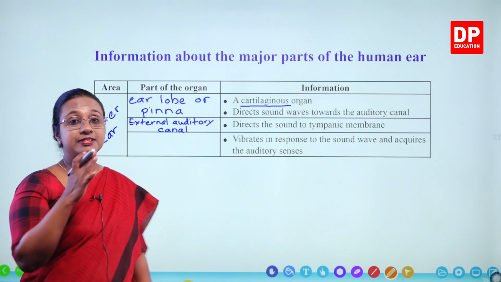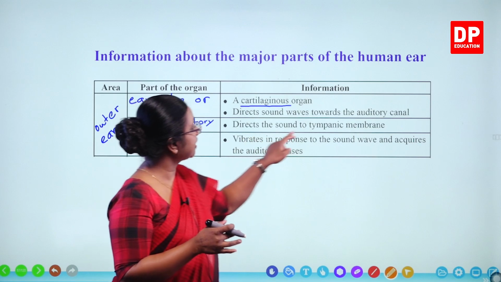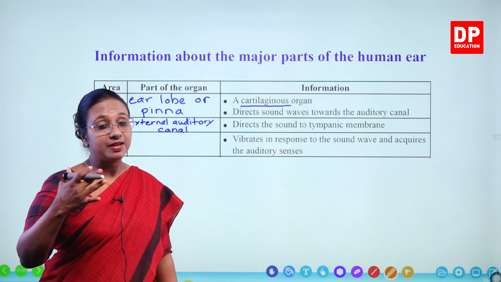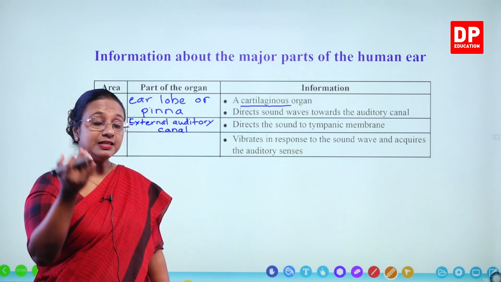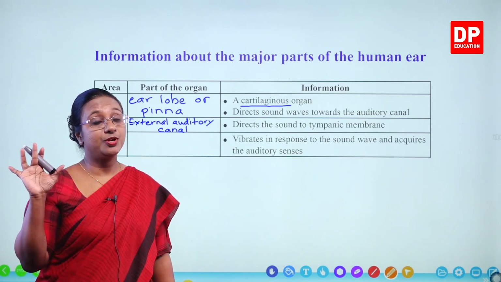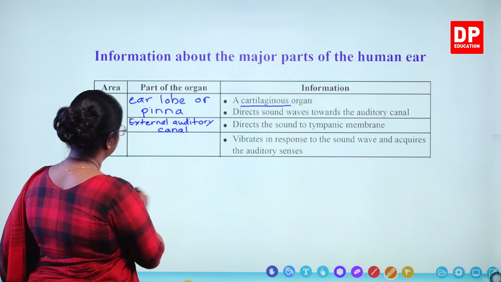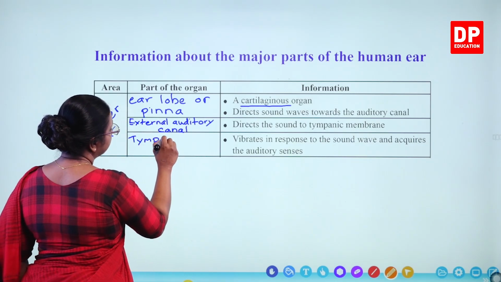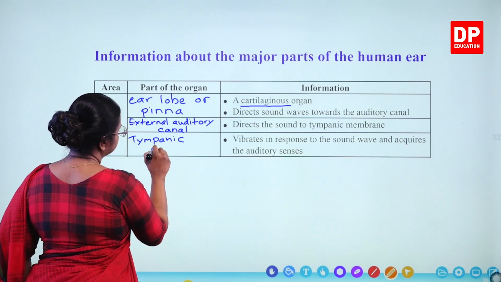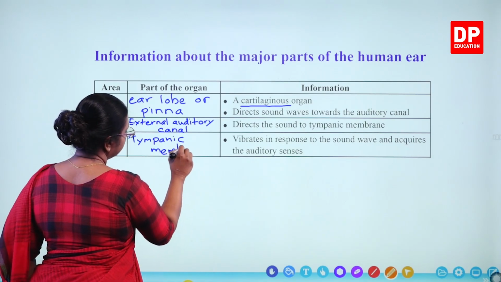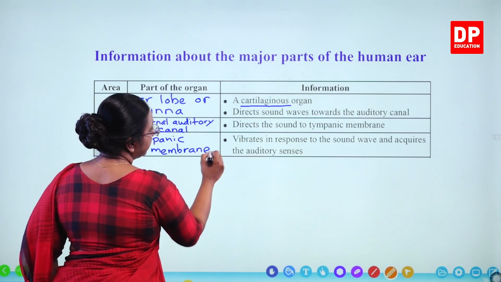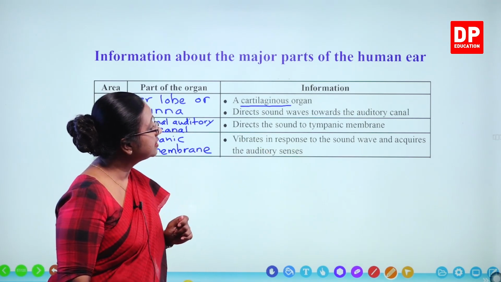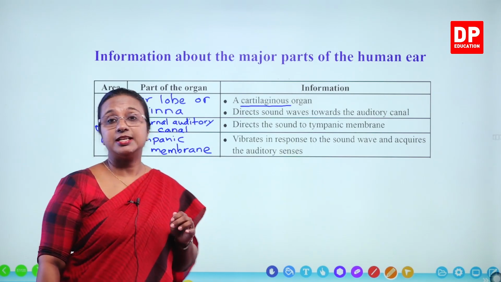So that is the structure that directs the sound to the tympanic membrane. So you can remember the tympanic membrane. That is the membrane-like structure. I told you all, like a speaker-like structure. So the next one is the tympanic membrane. So the tympanic membrane, it vibrates in response to the sound wave and acquires the auditory senses.